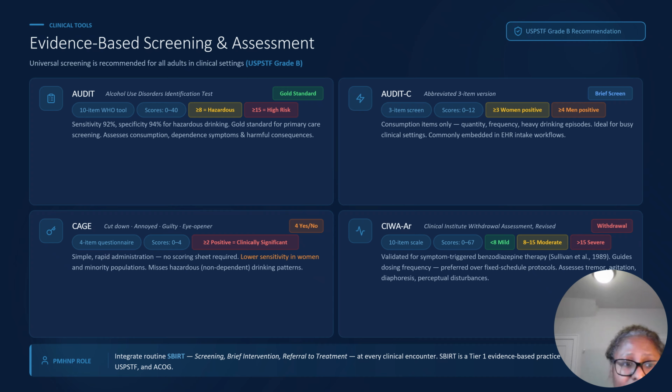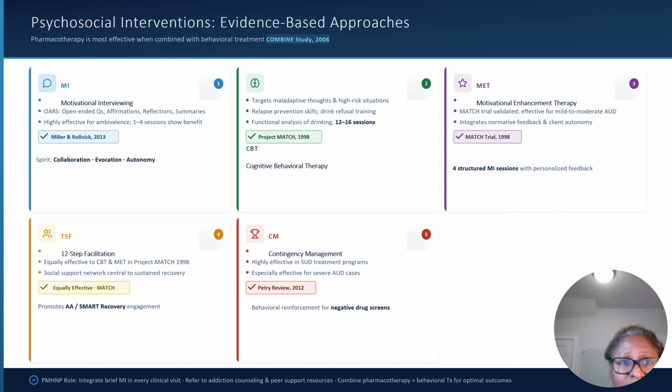As far as psychosocial interventions and evidence-based approaches, motivational interviewing is one evidence-based approach. And then there's also cognitive behavioral therapy, which is used to help or try to get to the root of the cause of drinking. That can be used a lot of times.